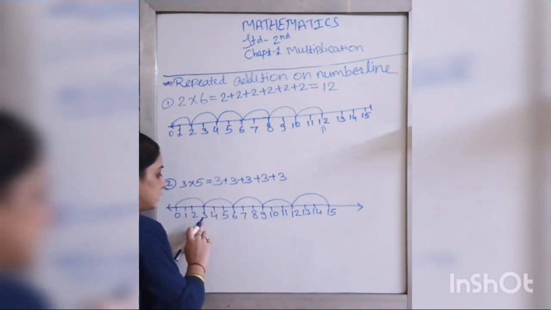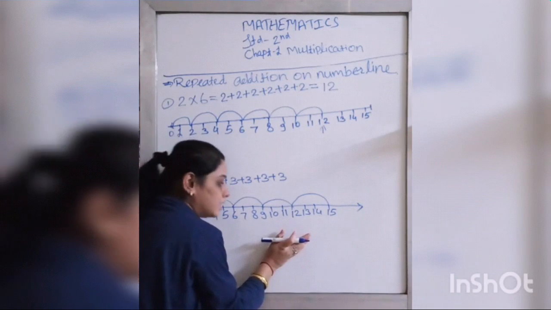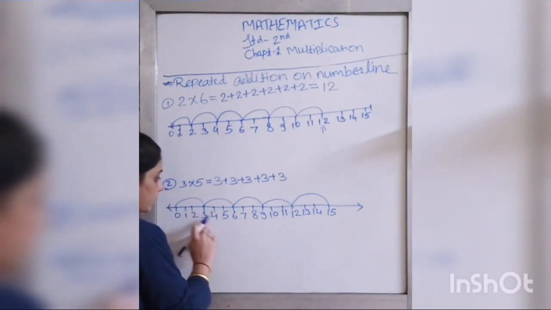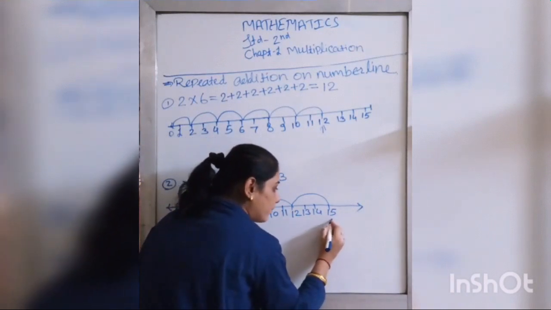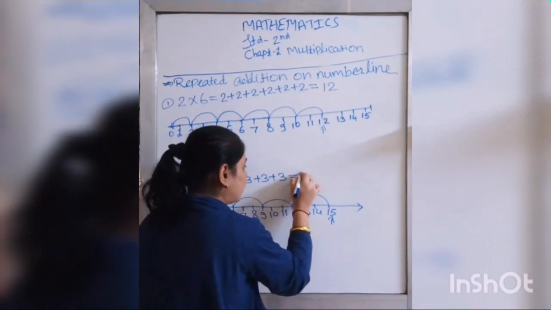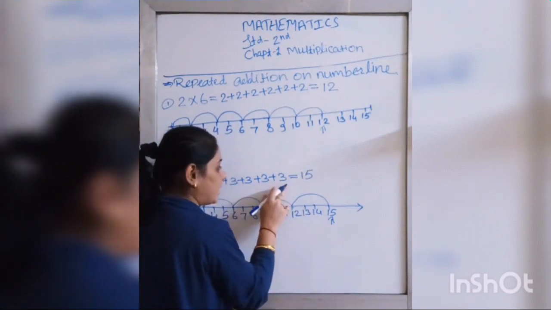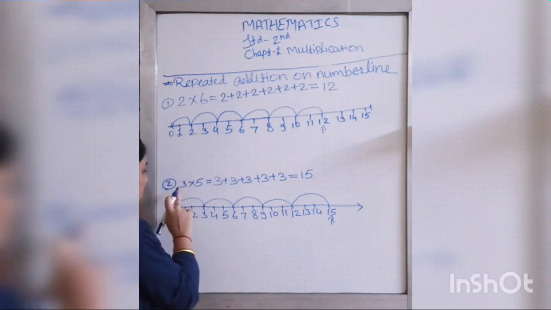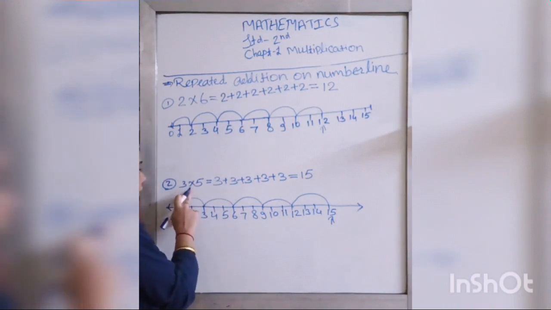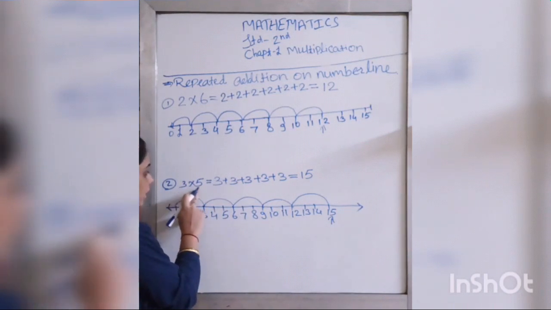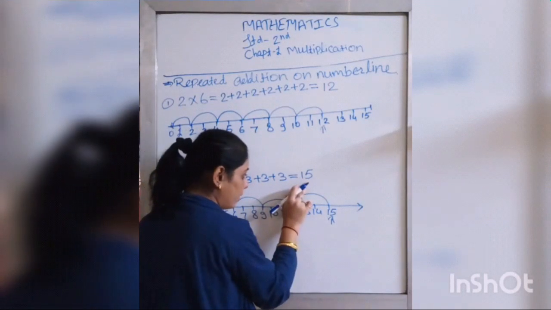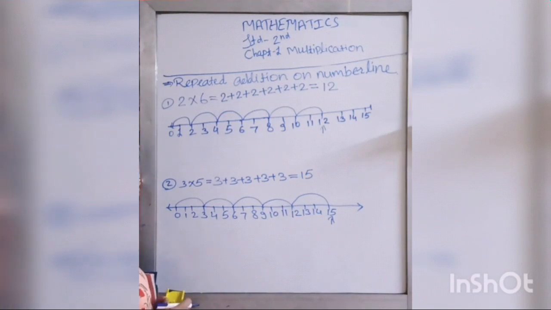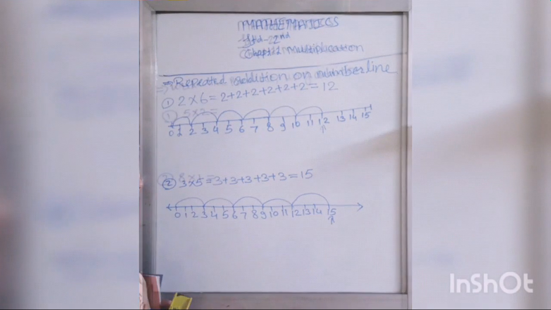So we jumped 3 numbers towards the right side, 5 times. Then what is the number here? 15. So when we add this 3 five times, we get the answer 15, and also when we multiply 3 into 5, that is 3 fives is equal to 15. This is the repeated addition of the number. Understood?